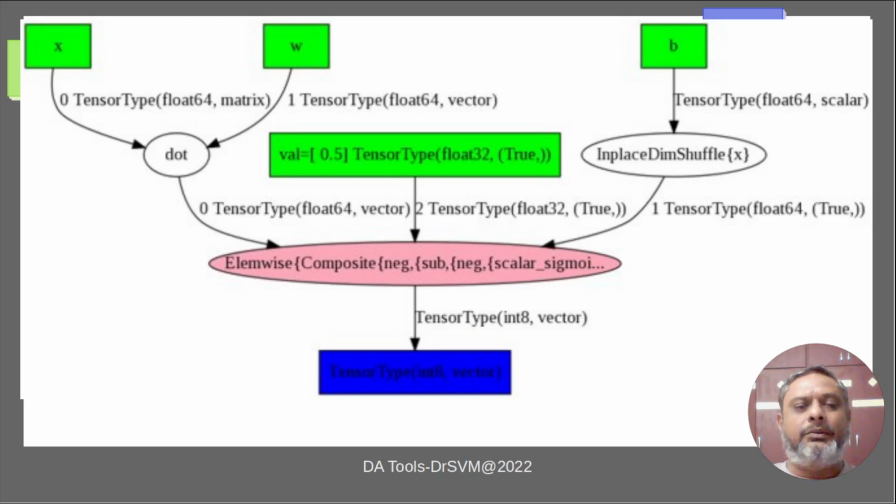All these values are element-wise operated. Some composite expression like negation, subtraction, negation, then applying a scalar sigmoid function or something, as an example shown here. So that would produce finally one tensor vector, which is what we usually call y.